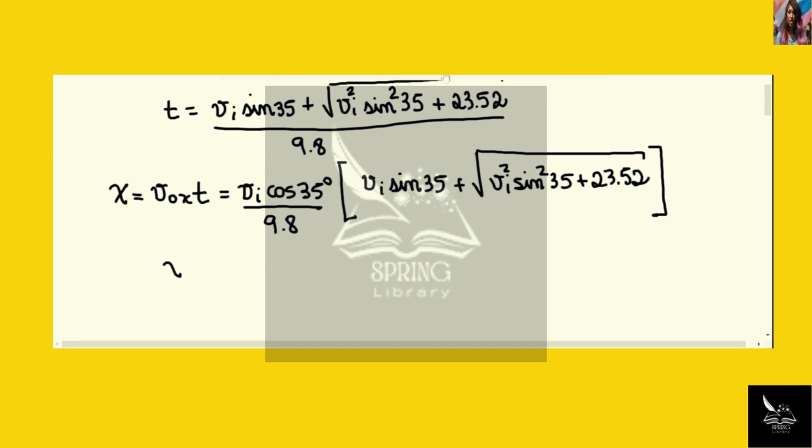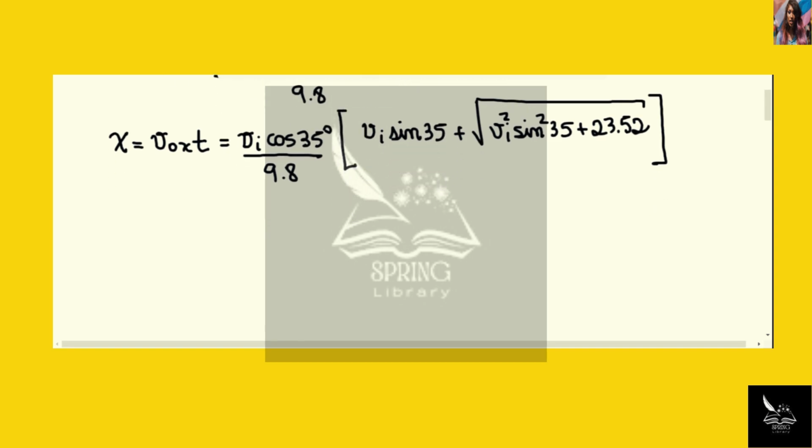It's useful to know, I'm going to write it in blue, that cosine of 35 is 0.819 and the sine of 35 is 0.573.